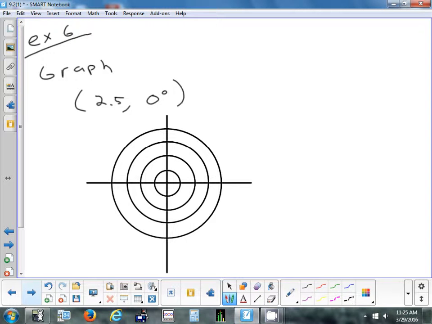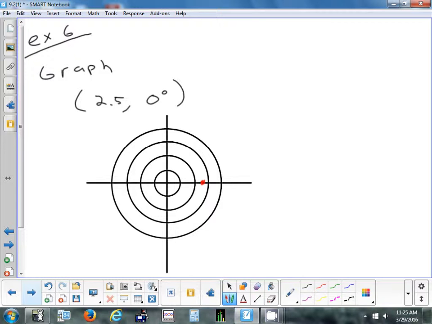All right, but try switching it. Put 0 in the other spot. Then it just stays on the horizontal axis. It's only going to go left or right. So it goes right 2.5 units and stays. Just draw it in between the second and third circle.